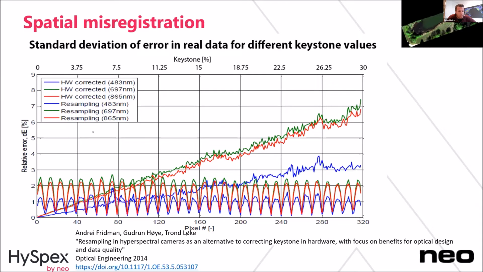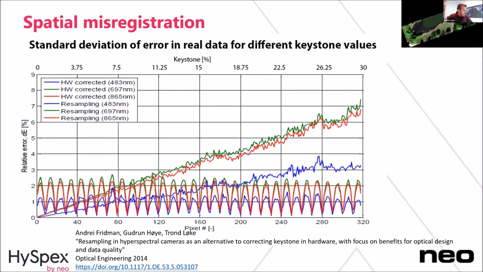So we also added resampling here. What errors are left after resampling, if we are resampling the corrections? And you can see here that if you have a camera with more than 15% keystone per pixel, I would say that you improve the data by resampling it.